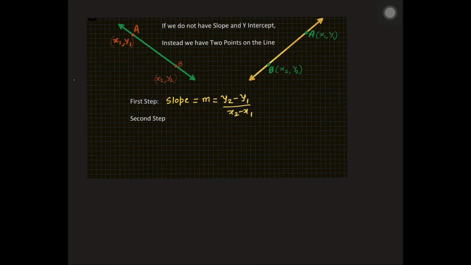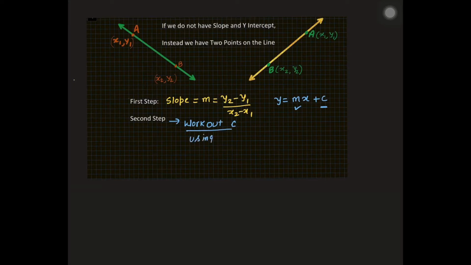After working out the slope, the second step is always to look for the y-intercept, because the equation is y equals mx plus c. m we already got. Now we are looking for c. So work out c. That is your second step. And how to work out c?